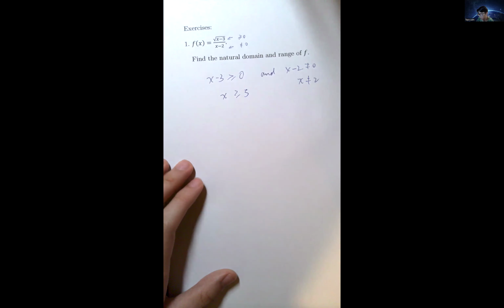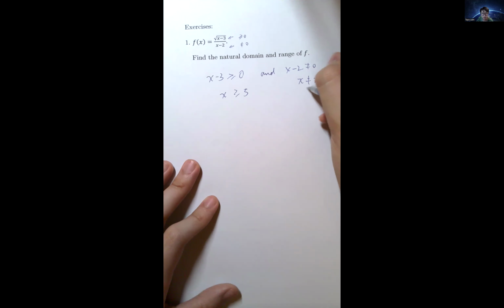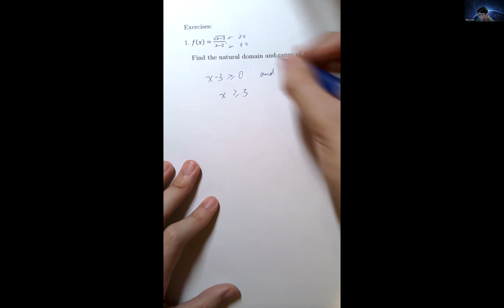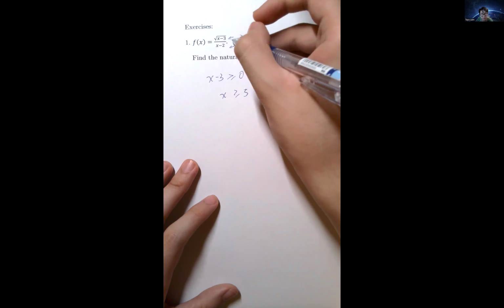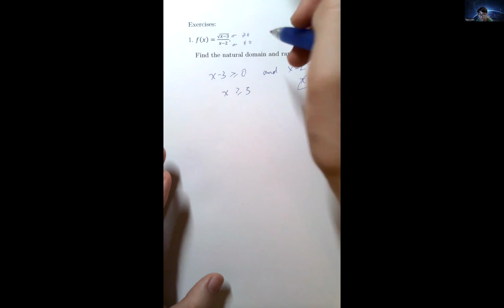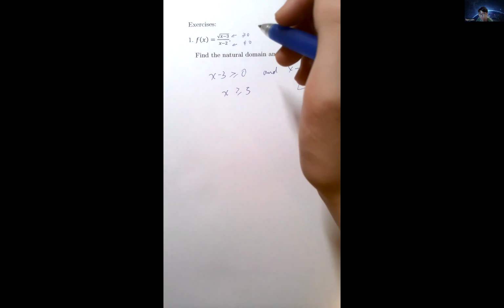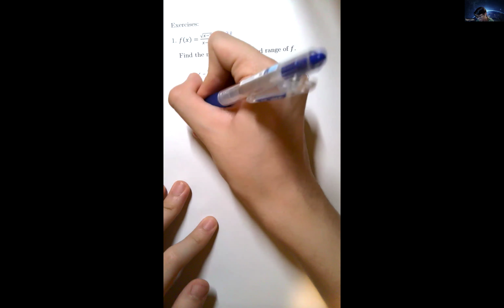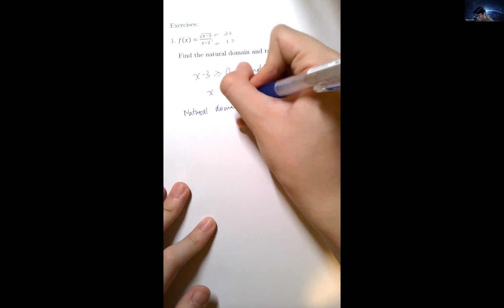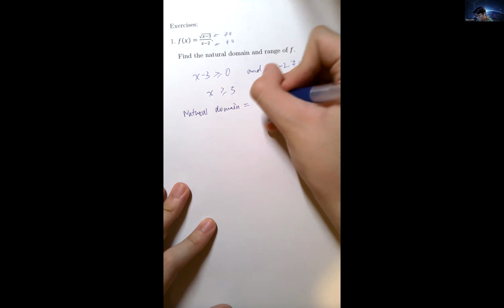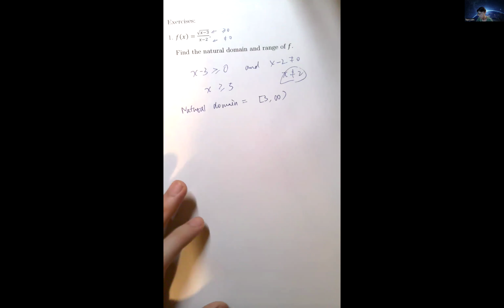The x not equal to 2 is not actually an important condition, because if you sub in 2, 2 minus 3, the root of negative 1, is going to be i, and it's not real. Okay, so we'll write the natural domain is equal to 3 to infinity.